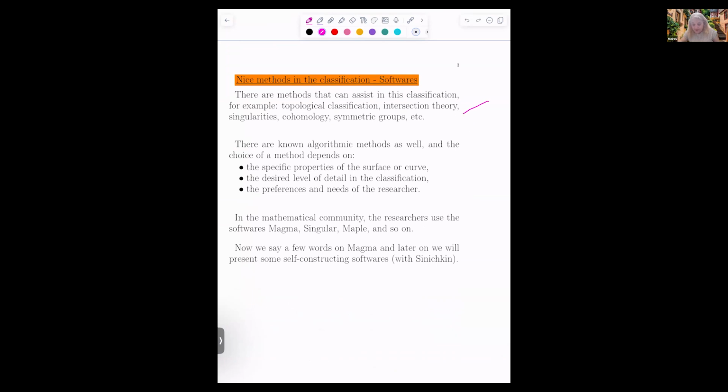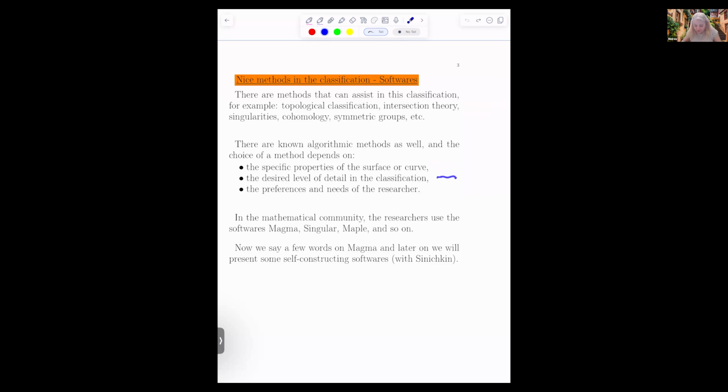But the algorithmic methods are dependent on what we choose. For example, they depend on the specific properties of the surfaces or curves that we choose. Secondly, they depend on the desired level of detail in the classification.